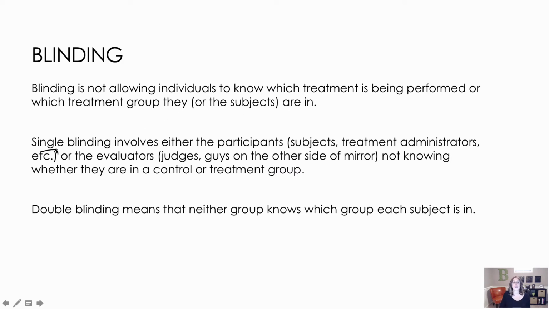If it is a single blind experiment, that means only one group, either participants or evaluators, don't know who's in which group. If it's double blind, that means neither group knows which group each subject is in. This is obviously the most beneficial because, again, you're not getting a biased result from the patients, and you're not getting a biased result from the people who are analyzing the results.